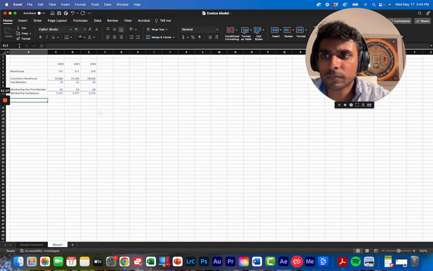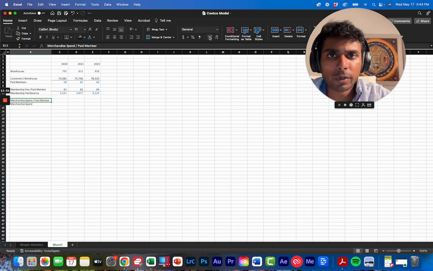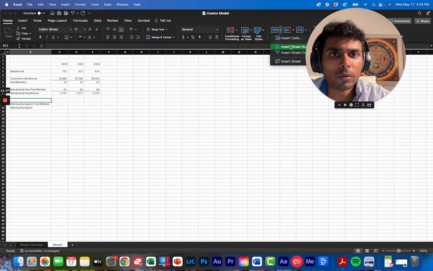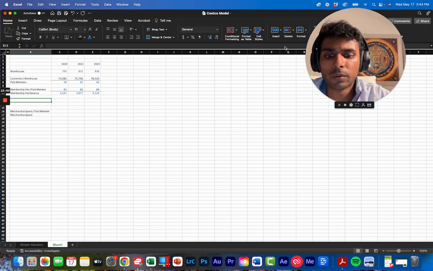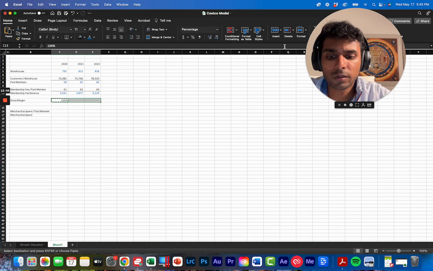Okay. Paid member, and then this will be merchandise spend. So actually what I'm going to do here is insert row, insert row, insert row. So gross margin, this is coming in at 100%.